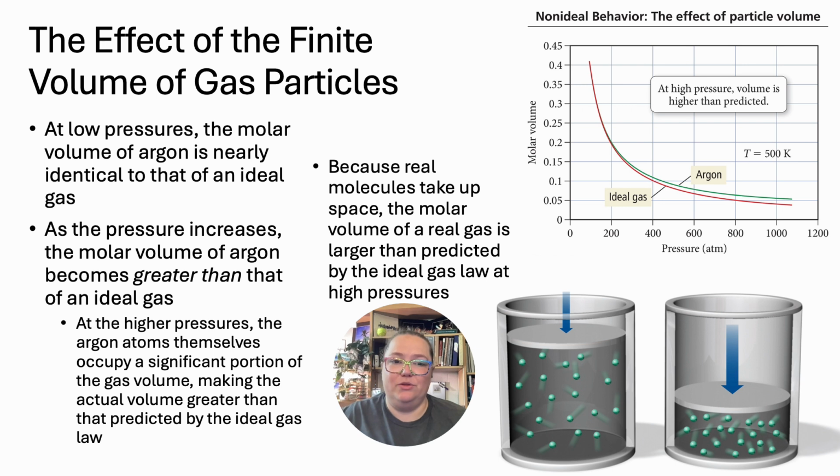Because real molecules take up space, the molar volume of a real gas is actually a little larger than predicted by the ideal gas law at high pressures, because we have the space assumed plus whatever that minute volume of our gas particles is.